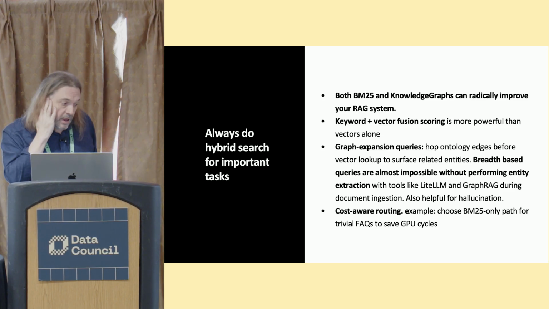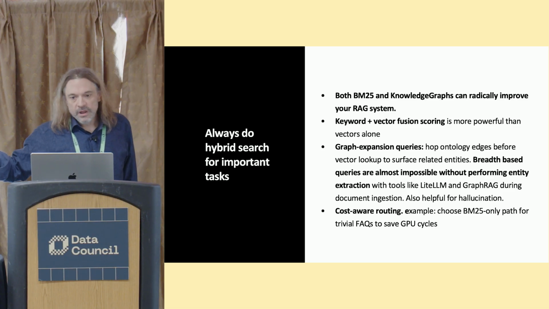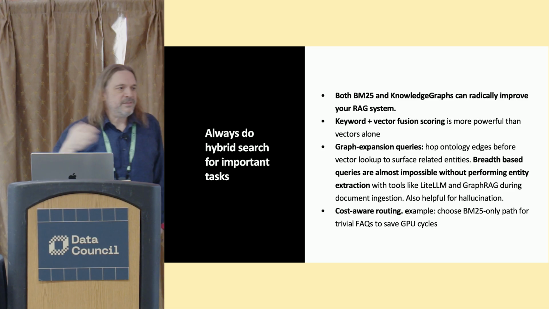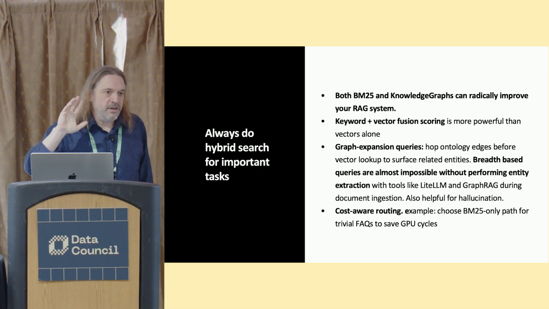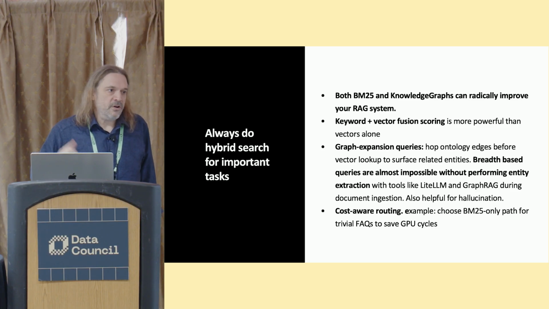Okay, so we have a vector store of some sort. Is vector search enough? Almost never these days. You should just start out with hybrid search. I'm not aware of any case where it makes sense to start out with just a vector search.